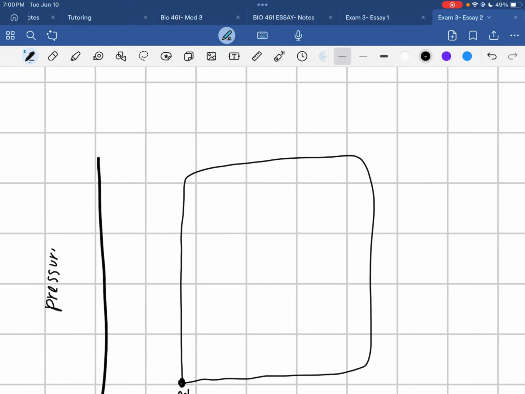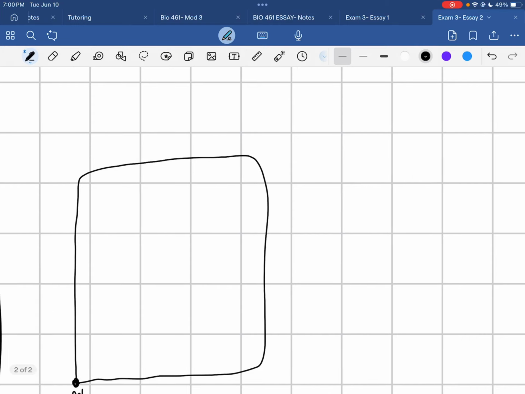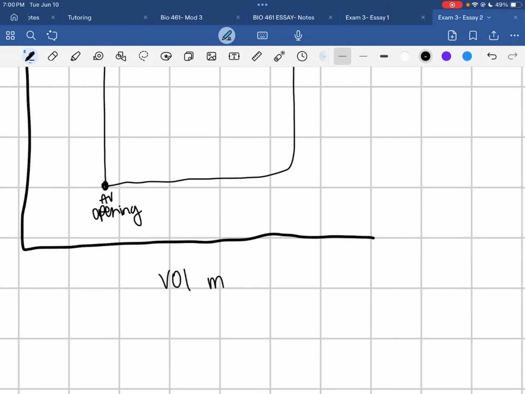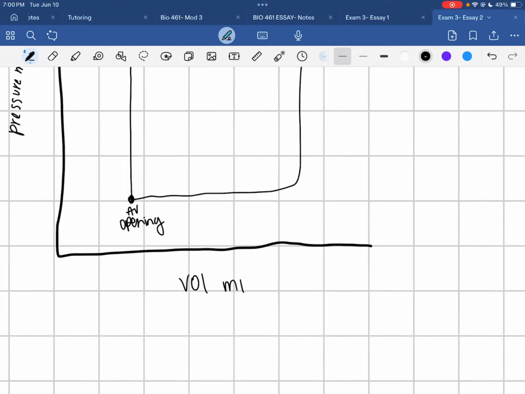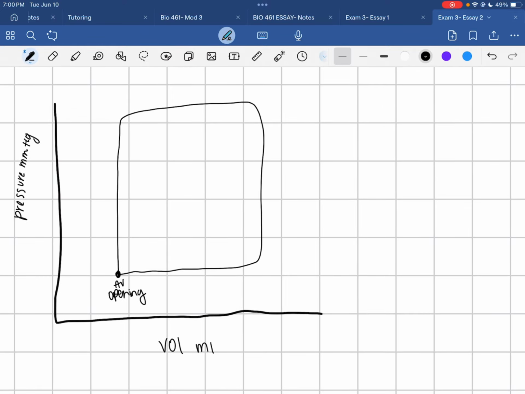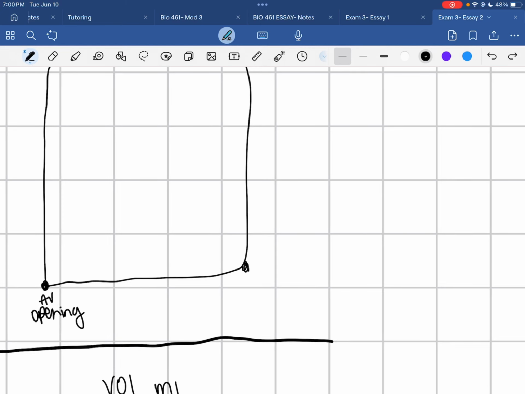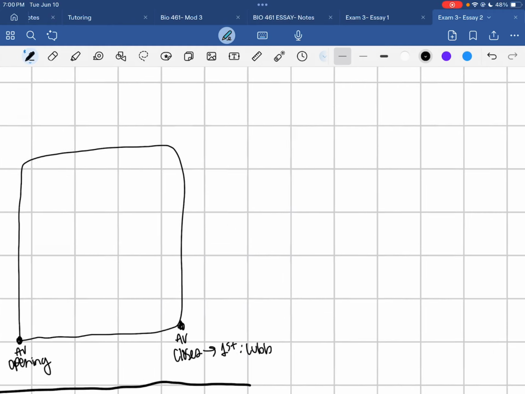I should put that we have volume down here and pressure, which is measured in millimeters of mercury. This one is just milliliters. So the AV valve opens and pushes blood into the ventricle, and right here is when we close the AV valve.